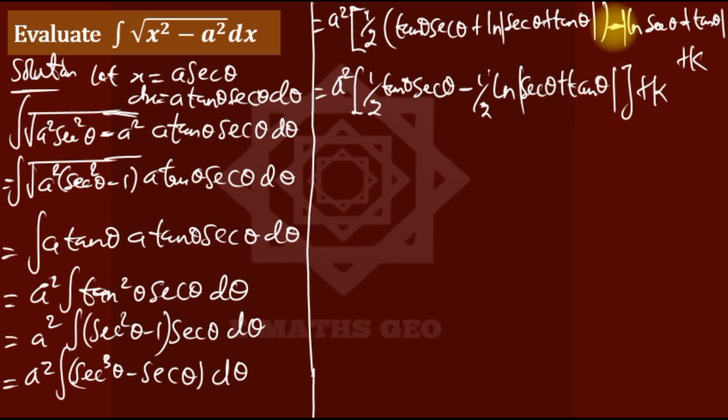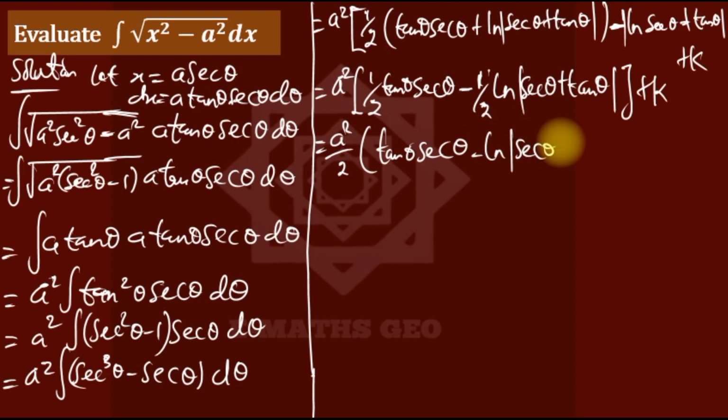Half minus 1 is minus half, so that's how we got this. And we can factor the half. So I have a squared over 2 times tan theta sec theta minus ln sec theta plus tan theta plus k.